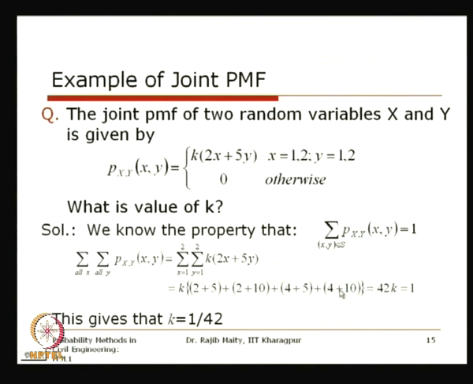So taking all these 4 possible cases, we find 42k, and this 42k should be equal to 1. From this we can say that k equals 1/42 for this to be a valid PMF.